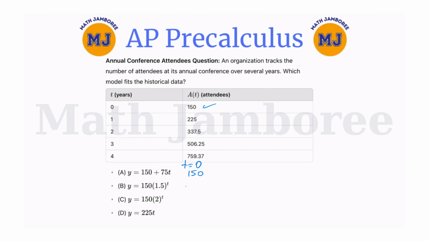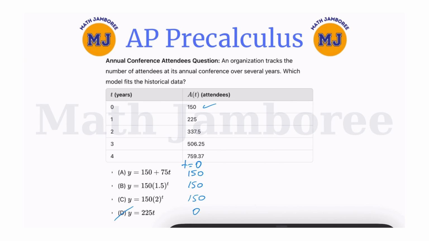So A still is an option. This is 150 as well, because 1.5 to the power of 0 is 1. And 2 to the power of 0 is also 1, so 150, yes. But 225 times 0 is 0. So D will be eliminated.